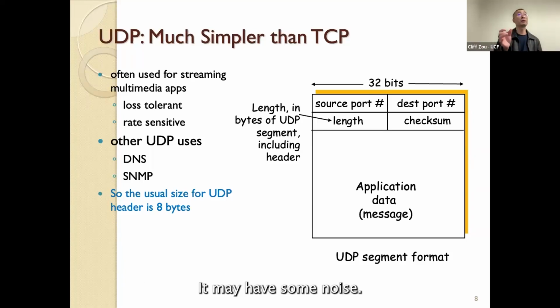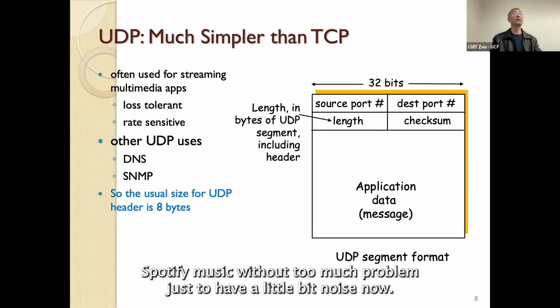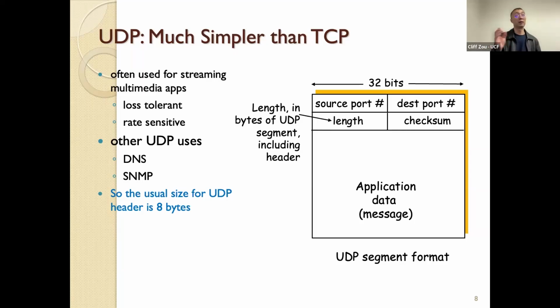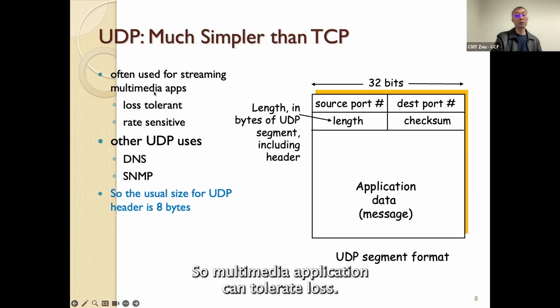Voice may have some noise, and video may have some mistake, but you can still watch the video or listen to Spotify music without much problem, just with a little bit of noise there. Right? The communication can still go through. So multimedia applications can tolerate loss.